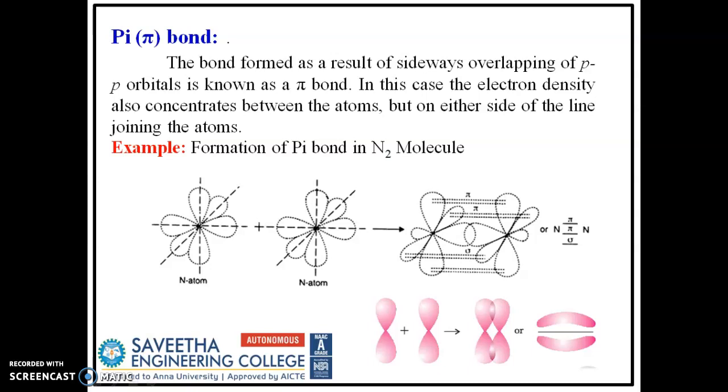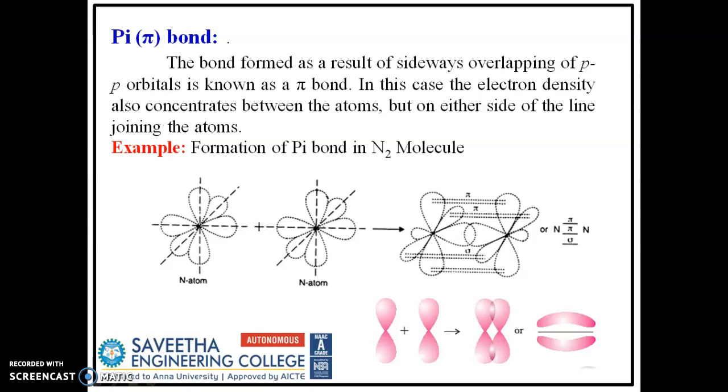So we know between two nitrogens, there are three bonds. One is a sigma bond and the other two are pi bonds. The sigma bond formed between the two nitrogen atoms is a pp sigma bond.